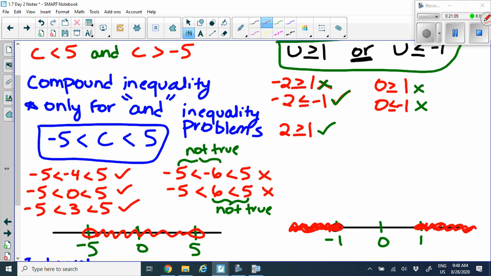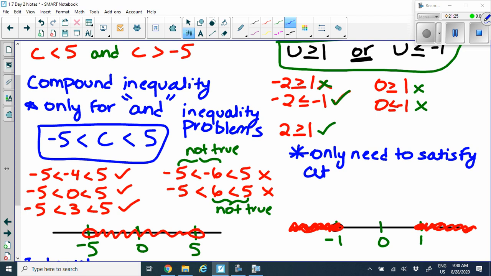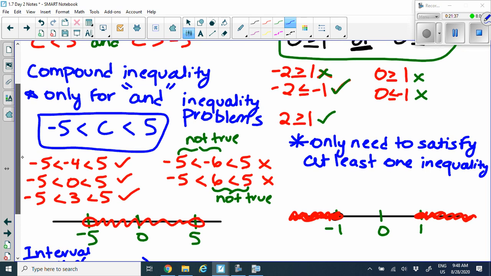So with the or problems, you only need to satisfy, and I'm going to write this here, you should write this here, at least one inequality. With the and problems, you have to satisfy both inequalities.